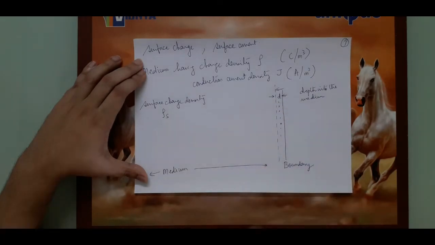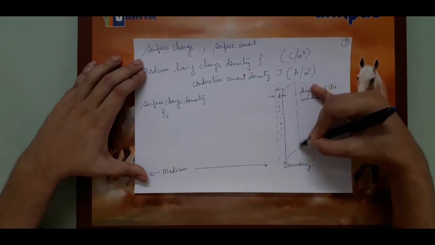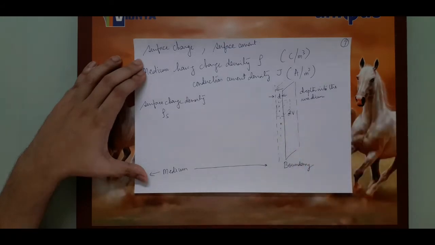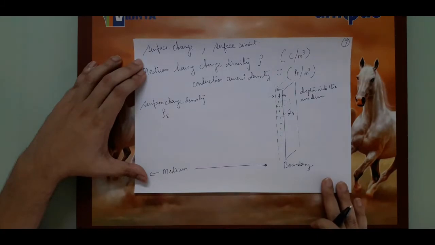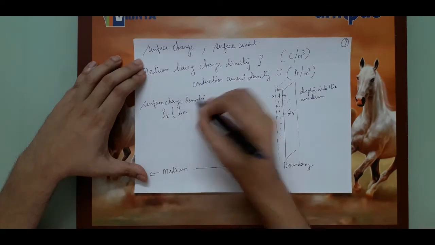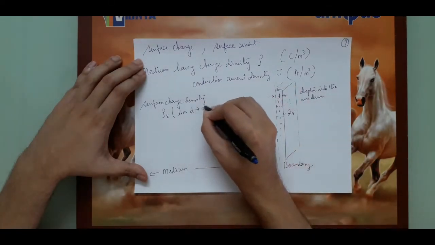If I want to make a surface and I am looking at the medium boundary this way, no matter whatever I do, I will always encounter a volume element, and this is my dV, this cubical shape. So the surface charge density at the boundary can be defined by defining the surface properly, by putting the limit that the depth of this medium d should tend to 0.